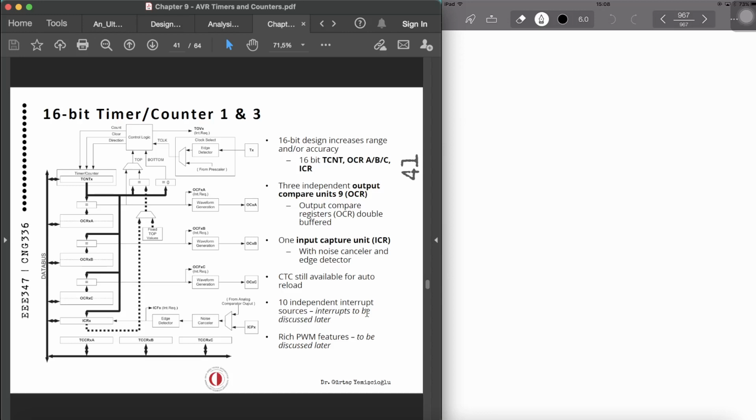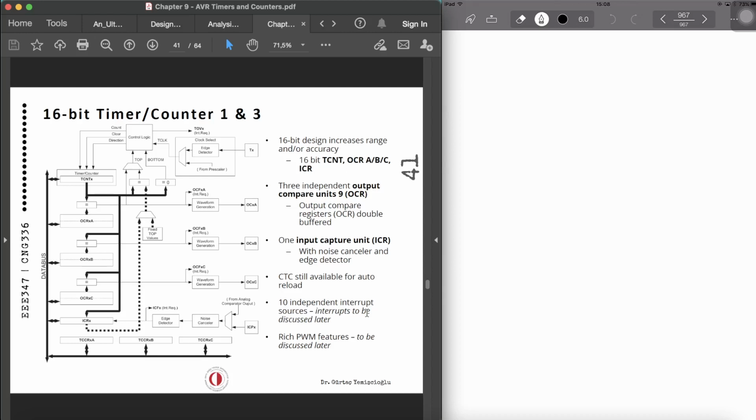As they are 16-bit timers, the registers are actually split into two, because AVR itself is an 8-bit processor, so the largest register that we can have is 8-bit.